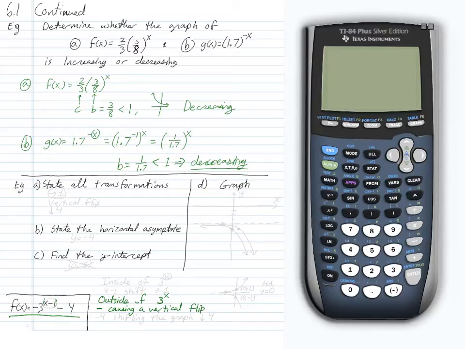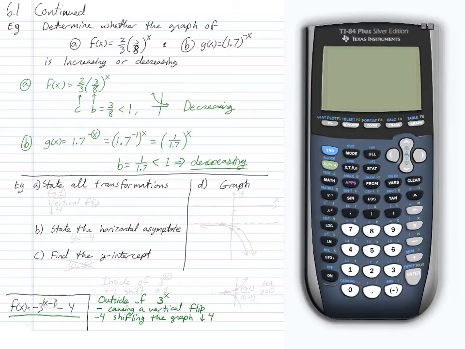We also have a minus 4 shifting our graph vertically down 4 units.